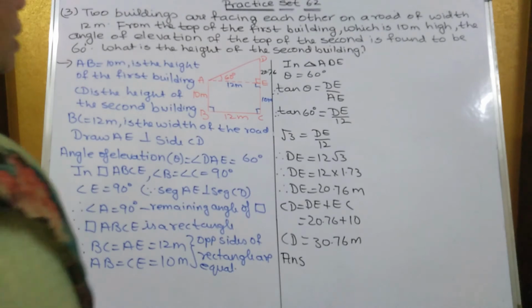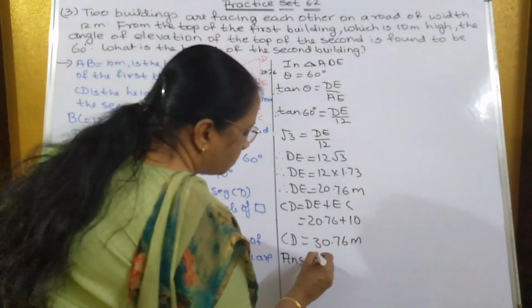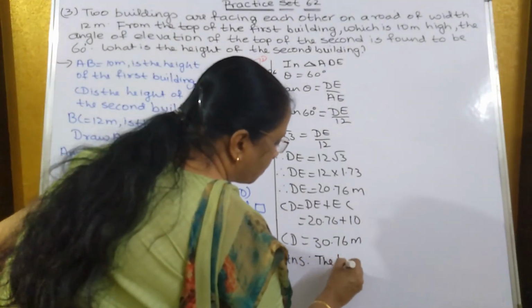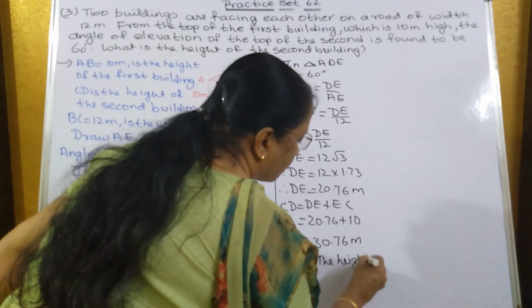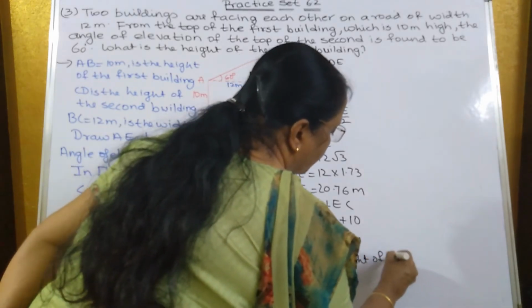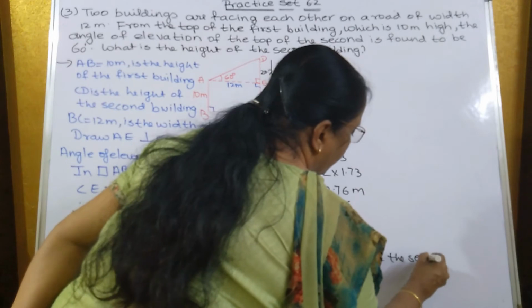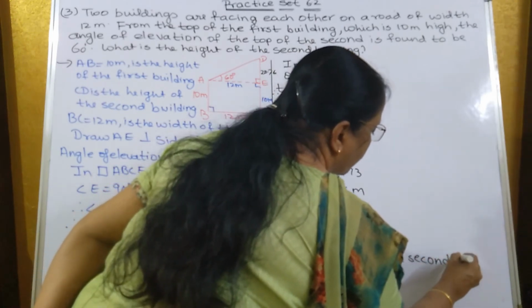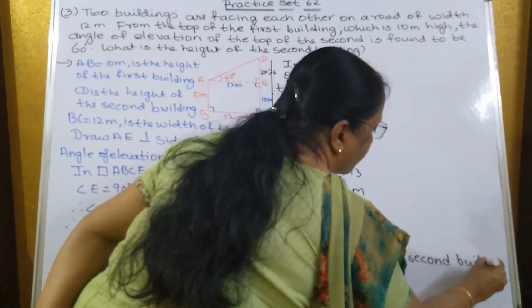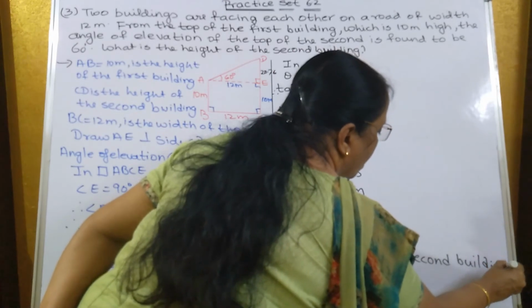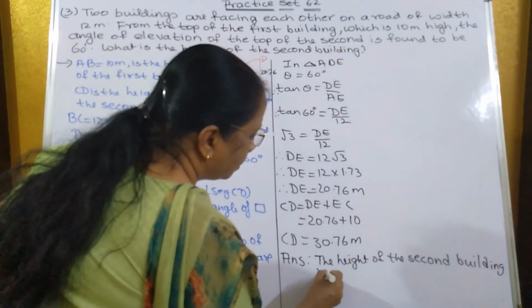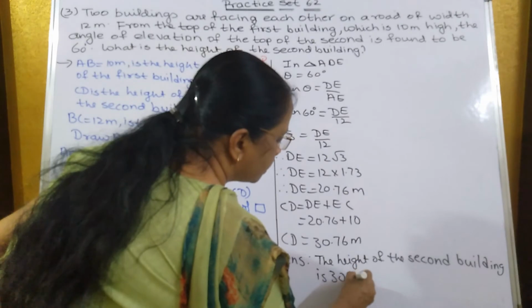The height of the second building is 30.76 meter.